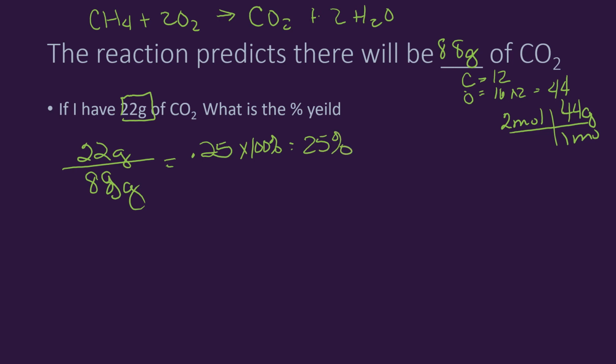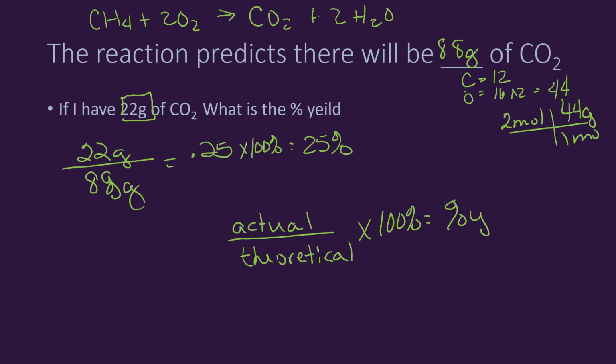So to determine your theoretical yield, you calculate based on the stoichiometry, and then to get your percent yield, it is the actual divided by the theoretical times 100% gives your percent yield.